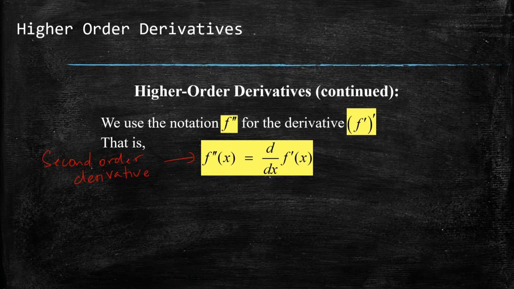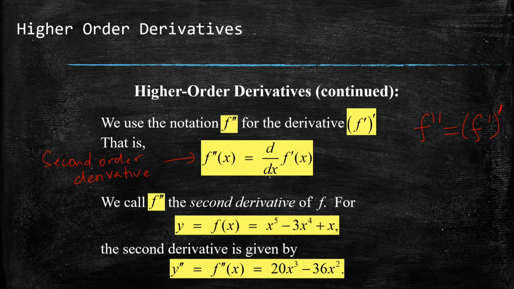So your notation for f double prime will be equal to the first order derivative f prime and then its derivative. So let's see what we get. Now your y was f, which was this function. You had got f double prime, which is going to be d by dx of 5x to the power 4 minus 12x to the power 3 plus 1. So this was your first derivative.